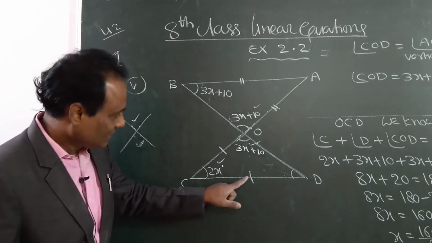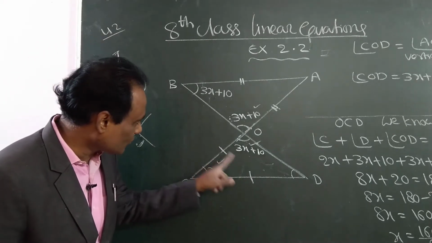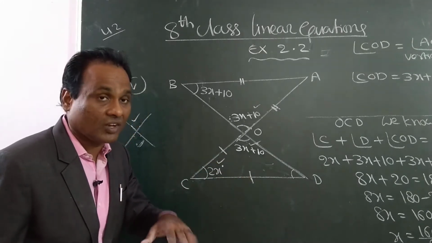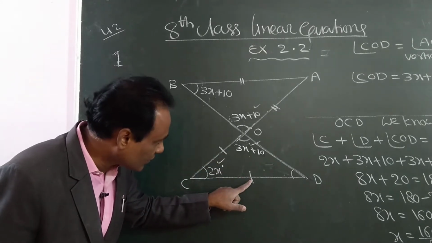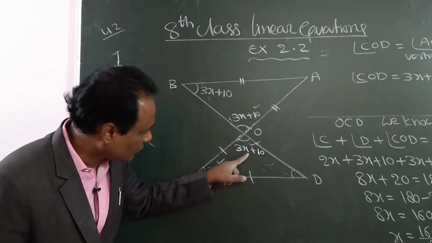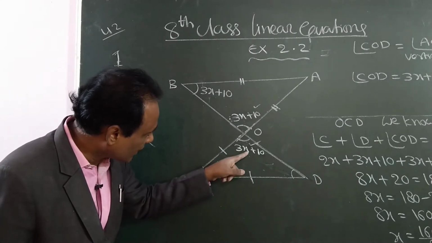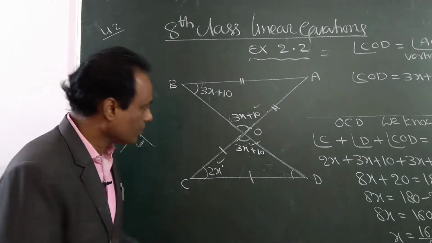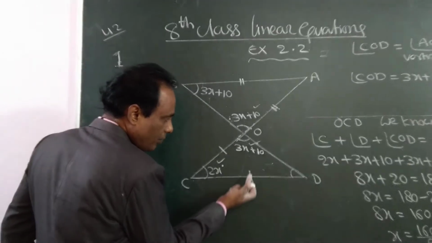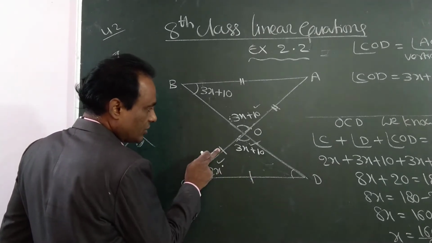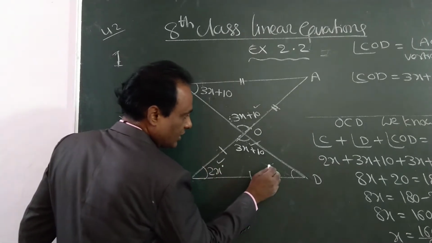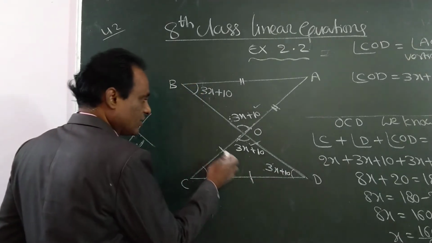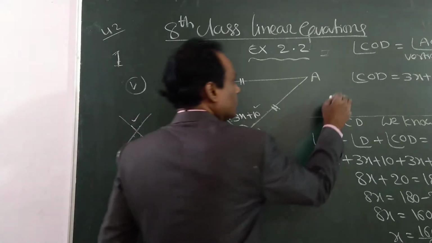Now this symbol represents that these two sides are equal. So if these two sides are equal, two angles will be equal. Which angles are equal? See which is opposite to this side? This one. In the same way, if this is 3x plus 10, this will also be 3x plus 10. So the angle opposite to this is 3x plus 10. Here also the angle opposite to this is 3x plus 10. Because two sides are equal, two angles will be equal.